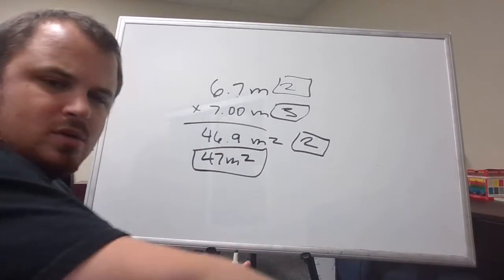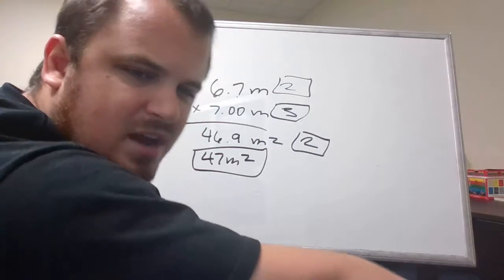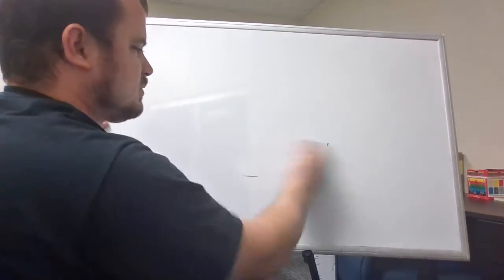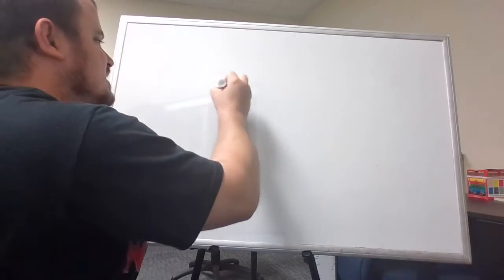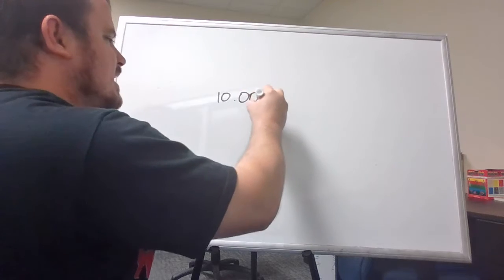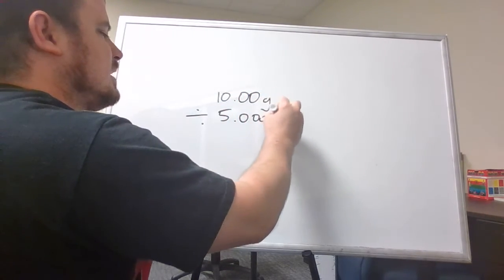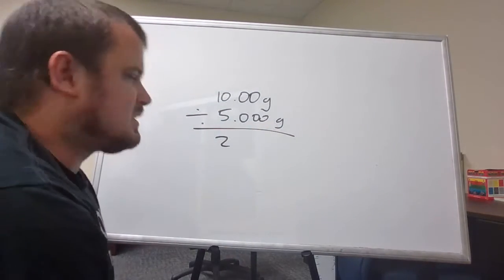Okay, number 4. We have 10.00 grams divided by 5.000 grams. This is similar to an example I did. So when we do that, obviously it's going to be 2, but how many decimals do we keep?